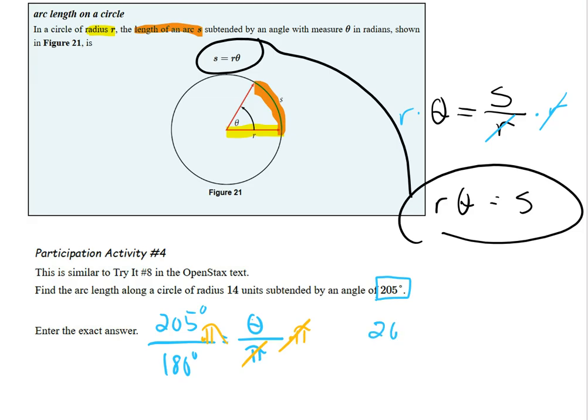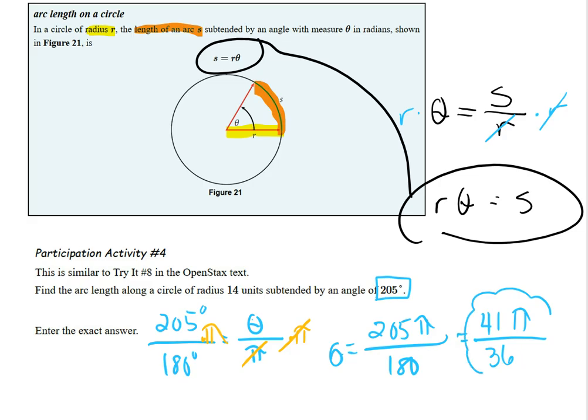That reduces down, because I can reduce both the numerator and the denominator by 5. So it's going to be 41 pi over 36. That is theta.